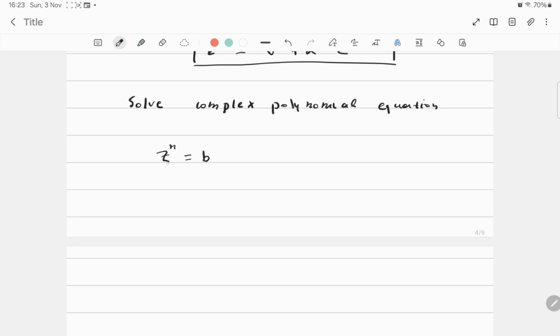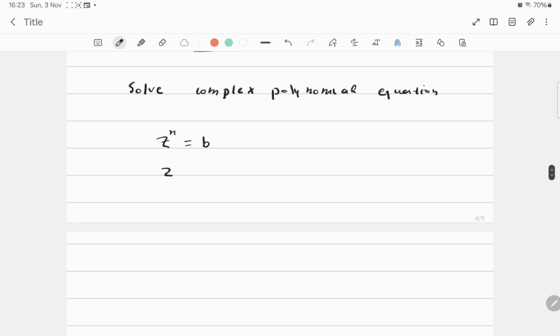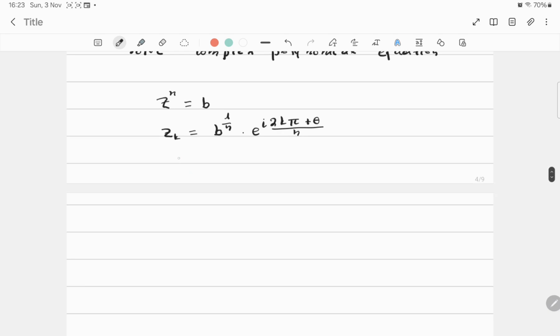Z to some power n equals b. Then z_k equals b to the power of 1 over n times e to the power i (2k pi plus theta) divided by n, where k equals 0, 1, 2, etc. So what does this mean?